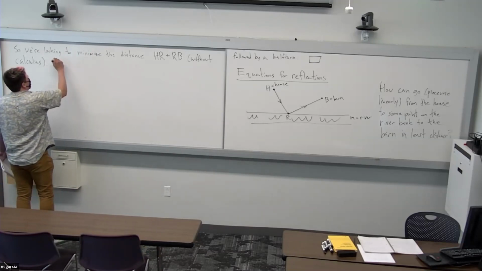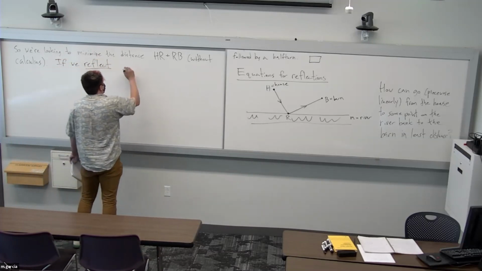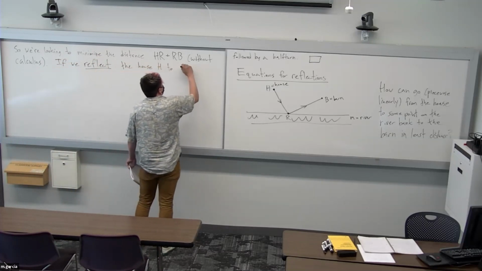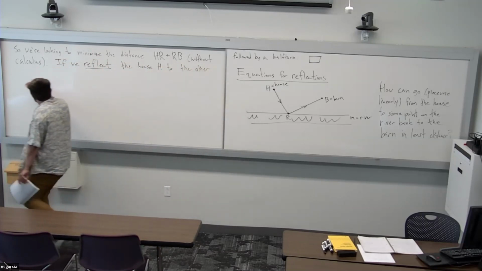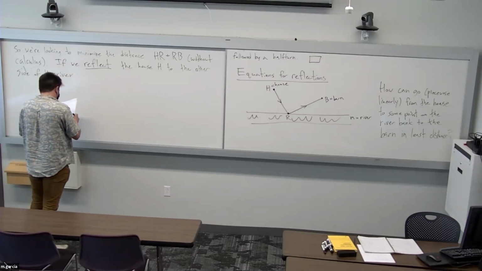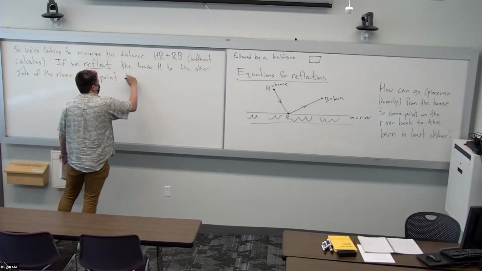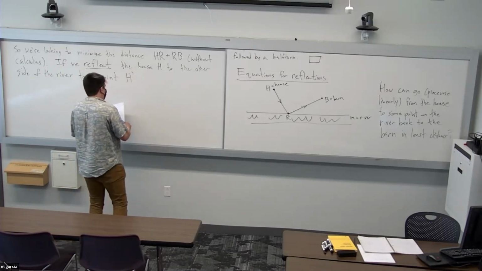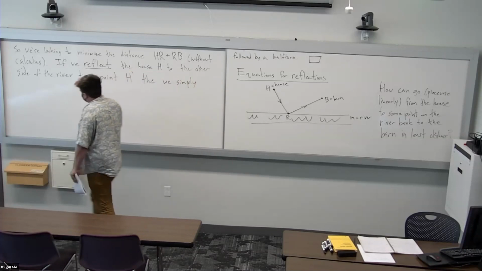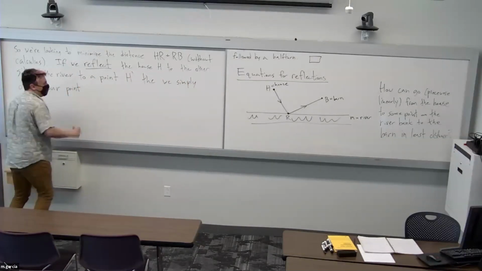So if we reflect the house H to the other side of the river, let's call it to a point H prime, we define our point that we're looking for on the riverbank, right?